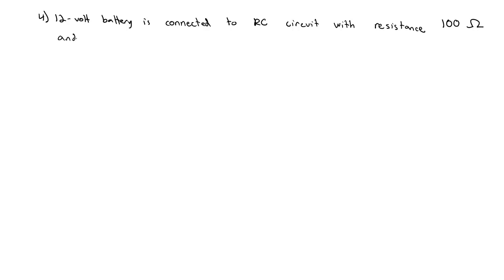Let's say a 12-volt battery is connected to the RC circuit with resistance, from the resistor, of 100 ohms, and capacitance of 10 to the negative 1 farad.